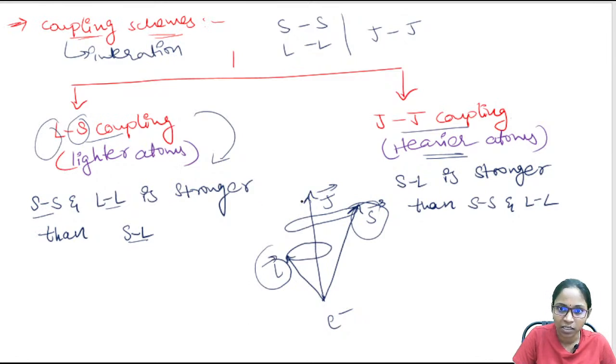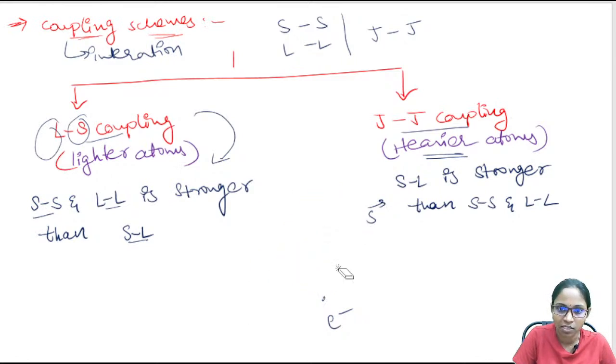Again in LS coupling we have SS coupling, orbital coupling, and spin-orbital coupling. Sorry, I'm really sorry: spin angular momentum coupling, orbital coupling, and spin and orbital coupling.